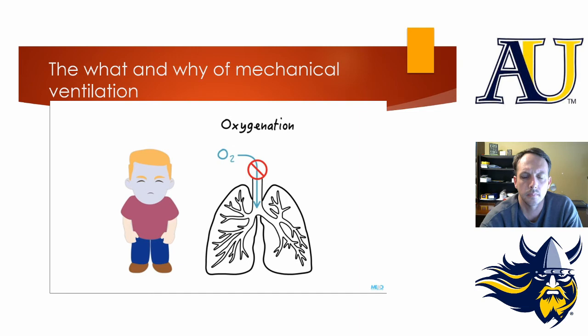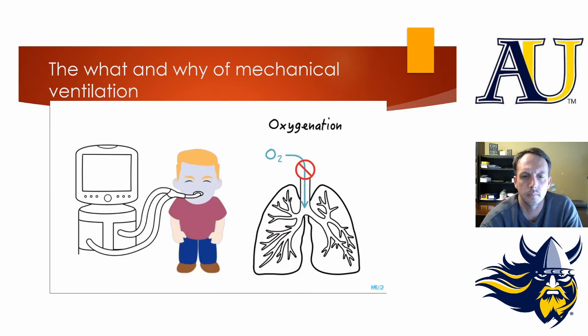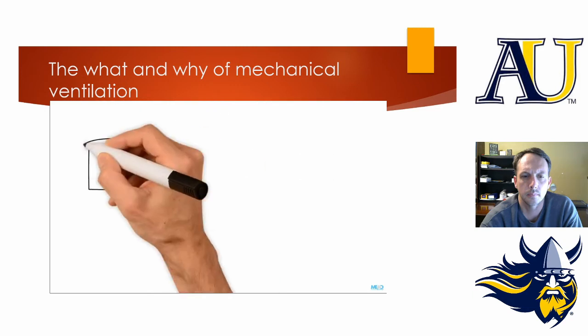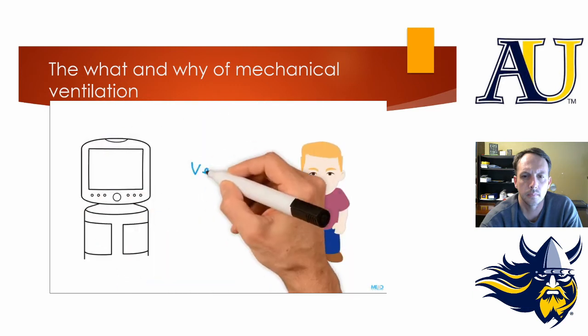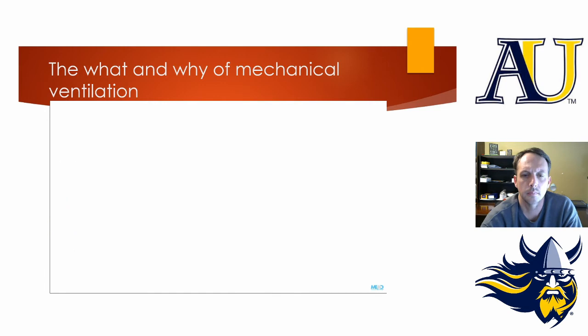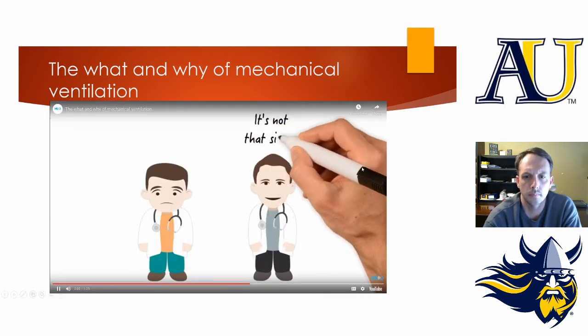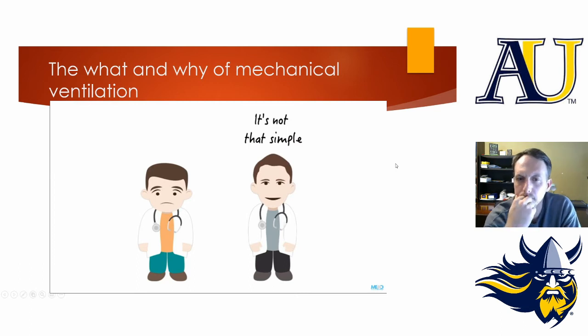In this case, the lungs may need the support of a mechanical ventilator, but not because of poor ventilation, but because of poor oxygenation. So a mechanical ventilator can help the patient ventilate, get rid of excess CO2, and/or oxygenate, get adequate oxygen. Now, unfortunately, breathing for a patient is more complicated than simply breathing for the patient.